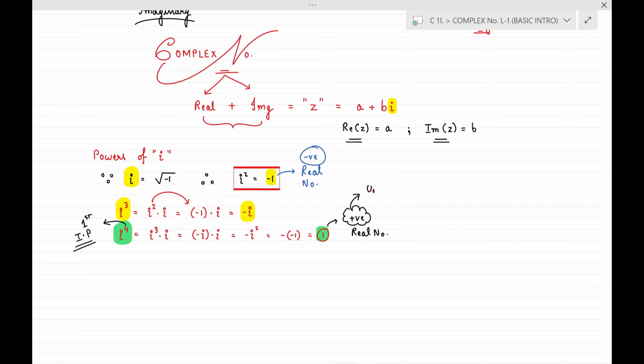This is known as universal integral power of iota. Why is this so?